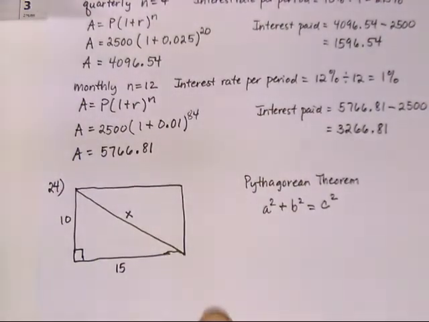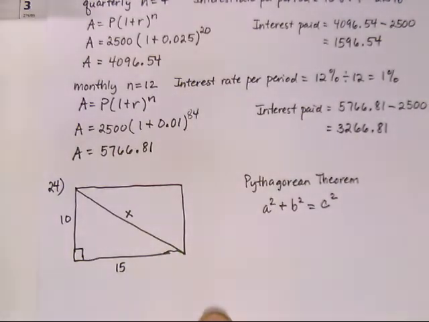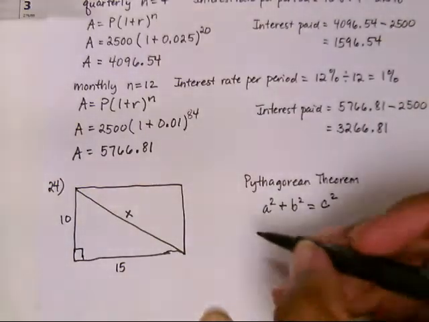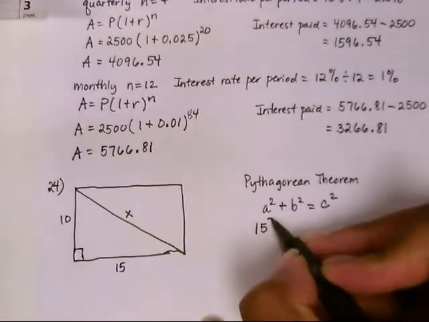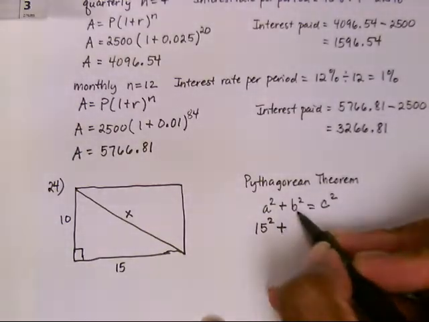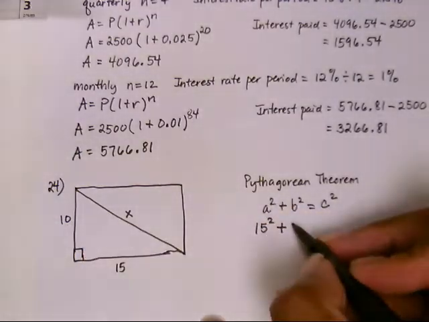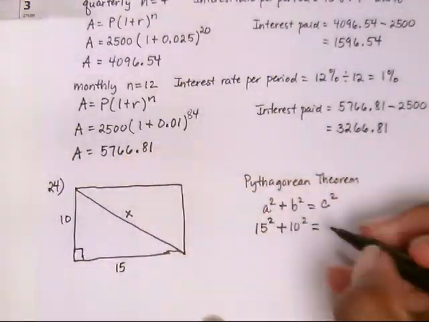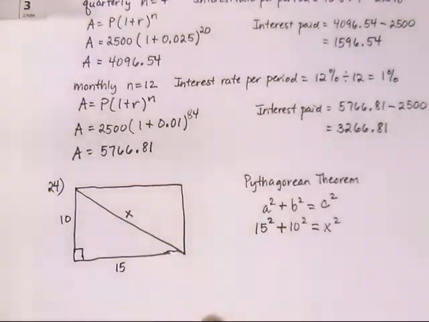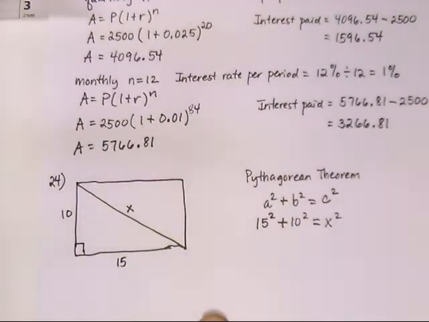So the square of the hypotenuse is always going to be the sum of the squares of the lengths of the other two sides of that right triangle. Alright, so here I'm going to let a be the 15. So that's 15 squared plus b, I'm going to let b be 10. So that's 10 squared. And this is the longest side that I'm trying to find here. So I'll let that be x. So that'll be 15 squared plus 10 squared is equal to x squared.